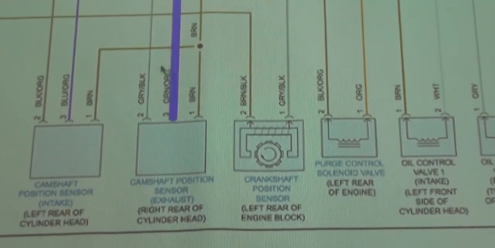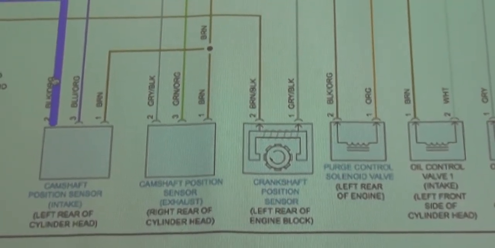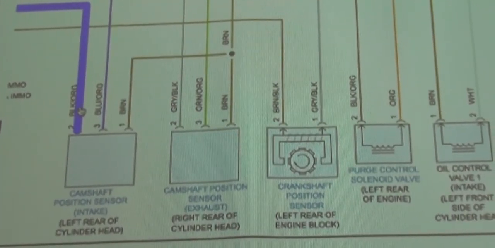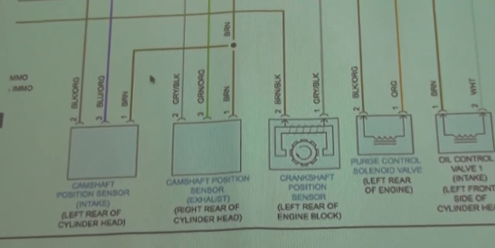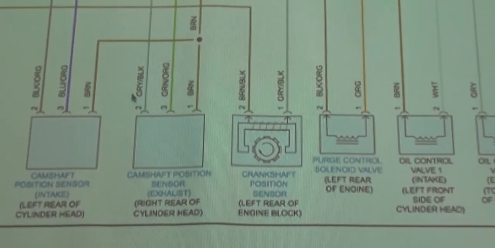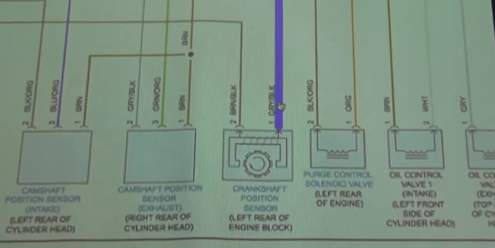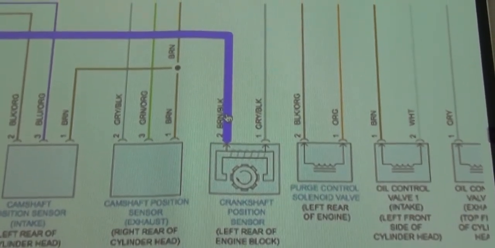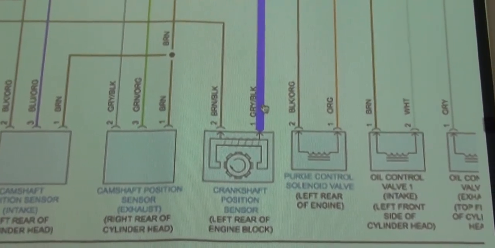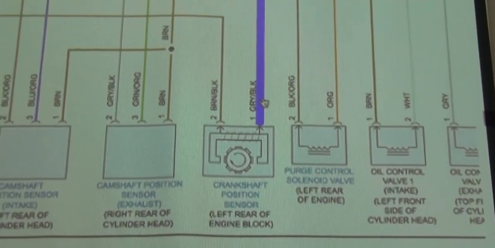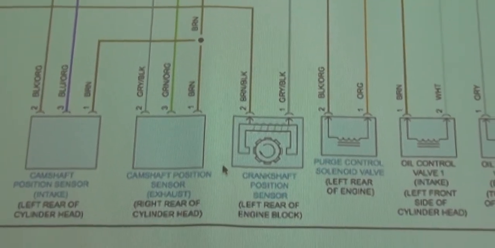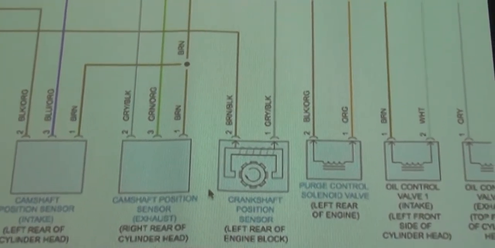So we're going to hook up our scope to this signal. This is one signal wire on the crankshaft sensor, and this is the other signal wire. We can connect the scope to either of these wires. Remember, we're going to get a signal from either wire if the sensor is working, right? So let's go to the vehicle and continue.